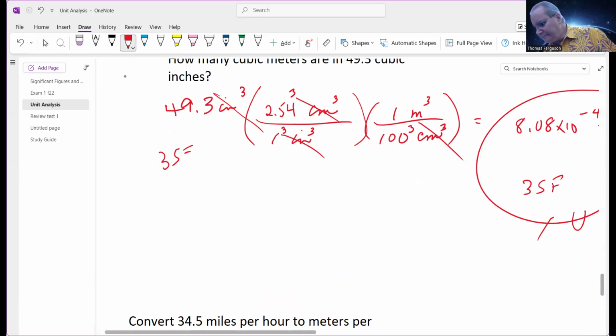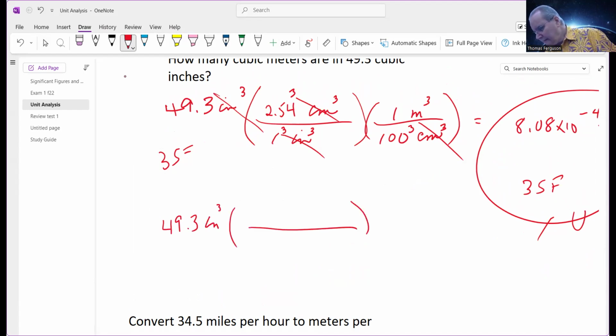All right, so we're looking at 2.54 cubed is.